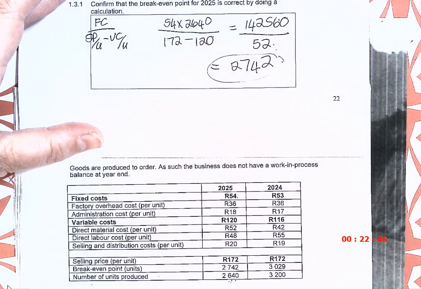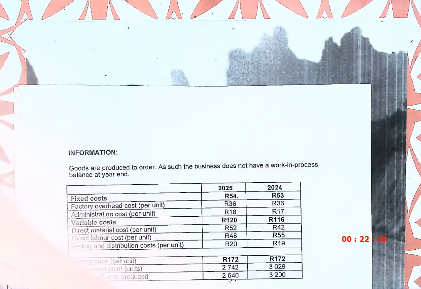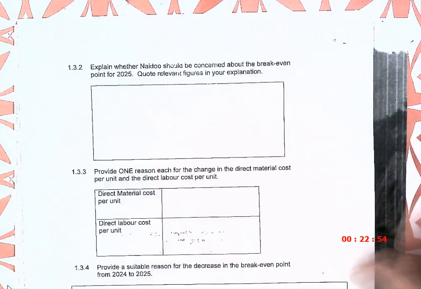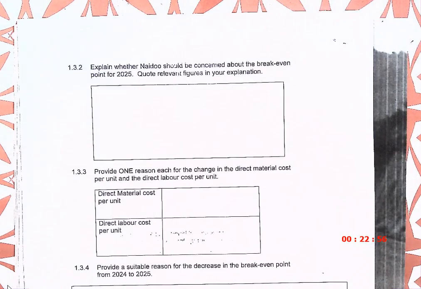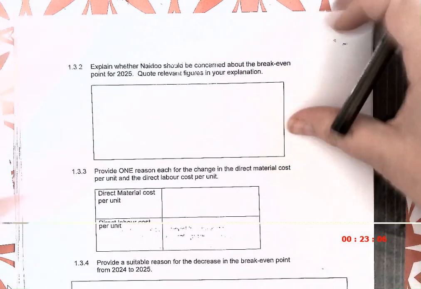Okay, next question. They say, explain whether Naidu should be concerned about the break-even point. Now remember, if they talk about the break-even and the production, you don't care that it went up and down and sideways. What you do care about is profit and loss.